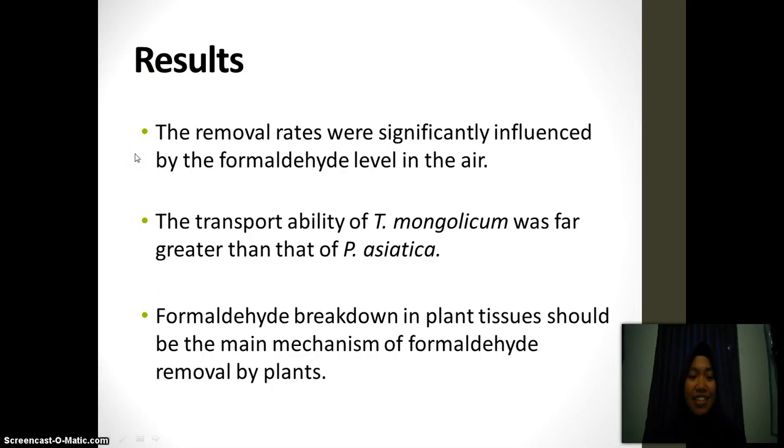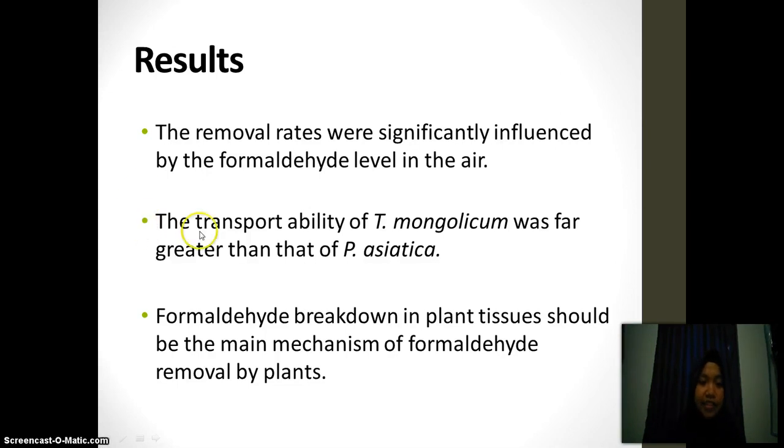First, the removal rates were significantly influenced by the formaldehyde level in the air. So if the formaldehyde content increases, the removal by the plant increases too.